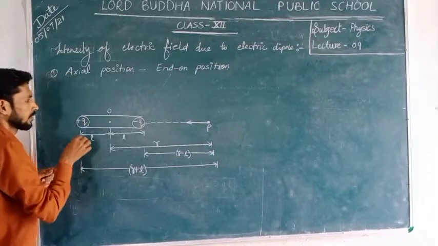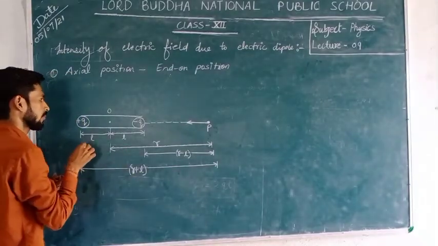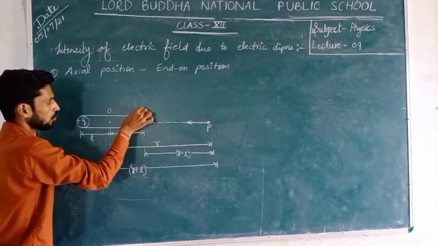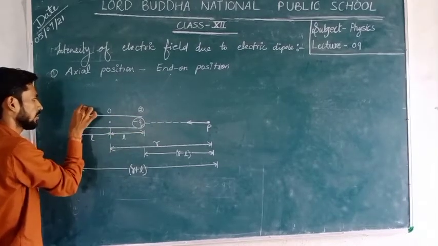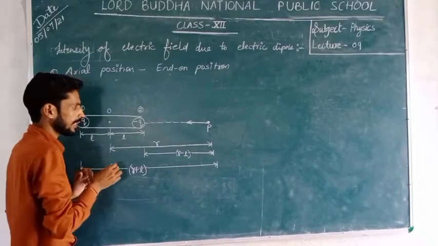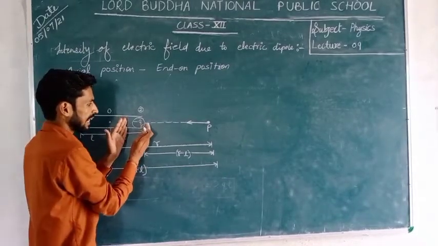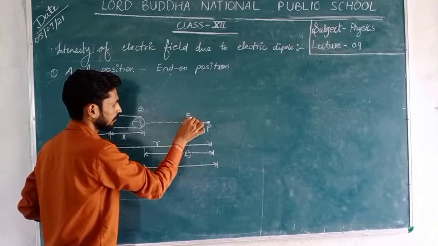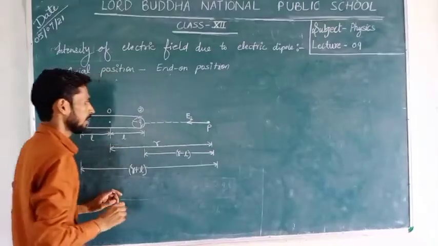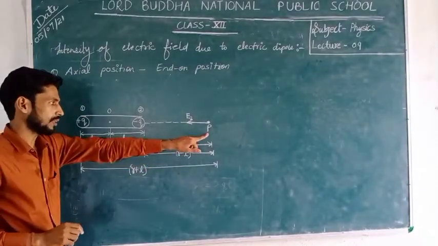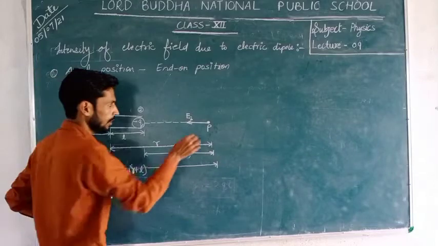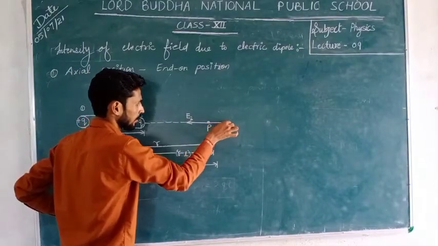Suppose that due to the charge minus q the intensity of electric field is E2. But at the point P, due to the charge plus q, there will be electric field in this direction.